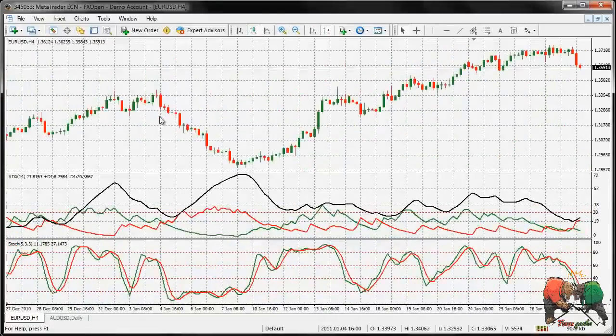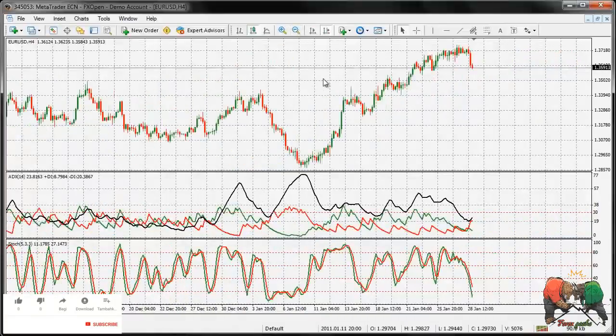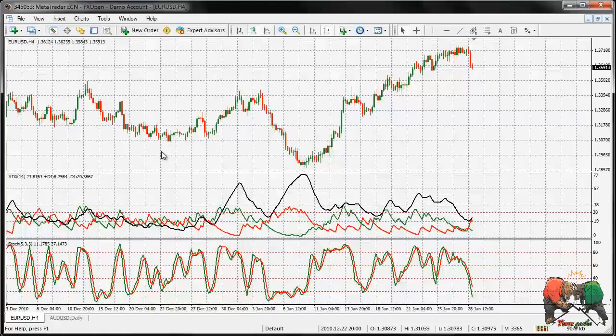Now the rules with the ADX should really be the same, and knowing that not all the signals are going to be perfect all the time, you always really need to have a secondary indicator, or some kind of secondary information that you can pull off the charts.